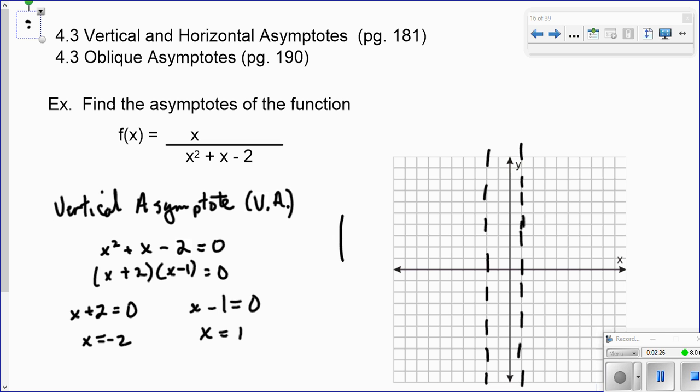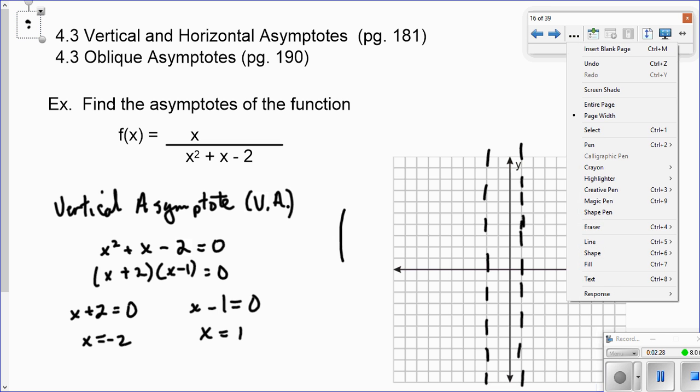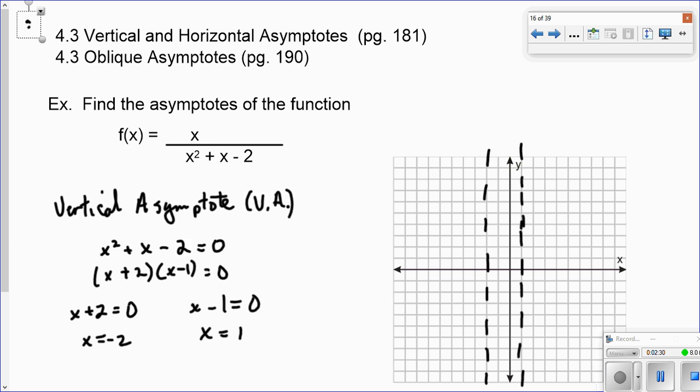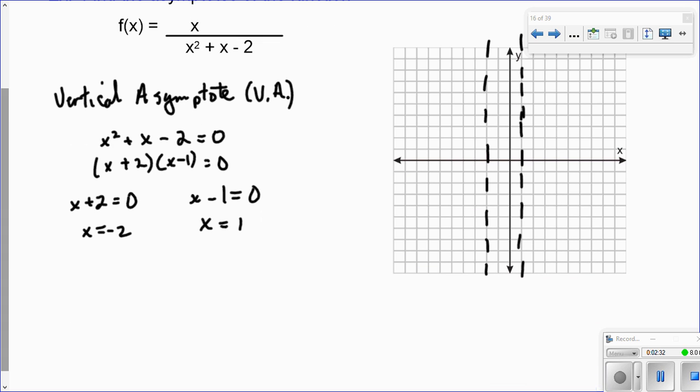These two lines. So I would have my vertical asymptote at -2, my vertical asymptote at 1. And that's it. So if you're trying to graph it eventually, we could then look at horizontal asymptotes.